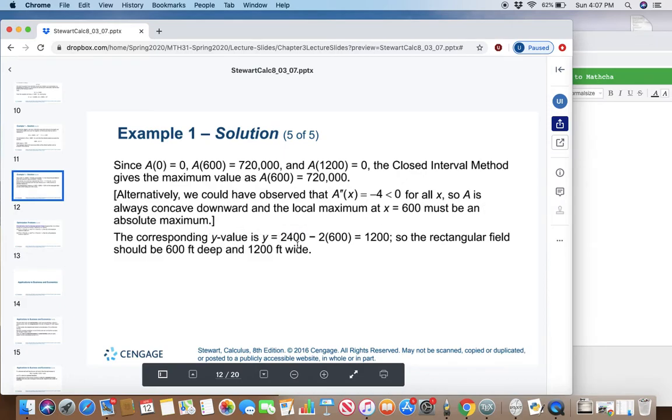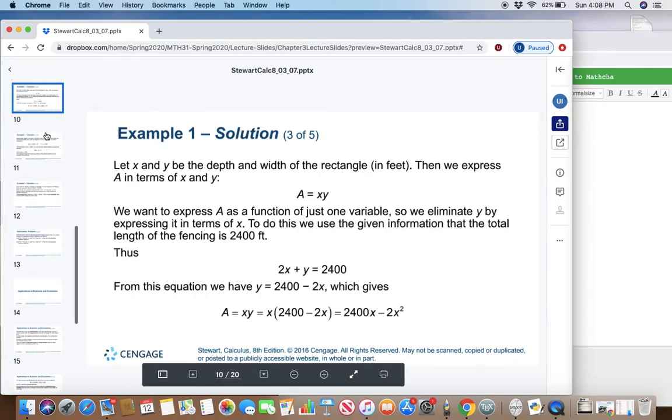Corresponding y, you are plugging in 600 for x. y is 2400 minus 2 times 600, that is 1200. Okay, if you have forgotten, go back. So this is the formula we are using.